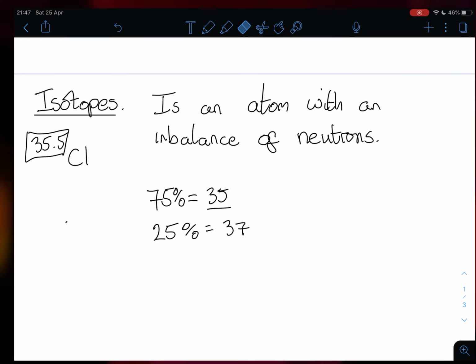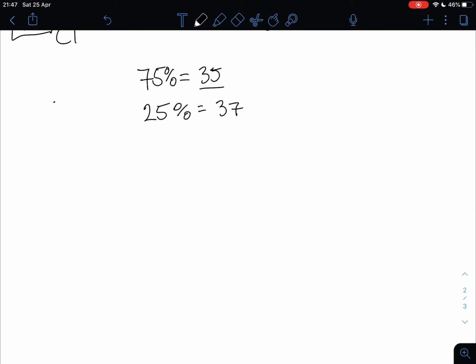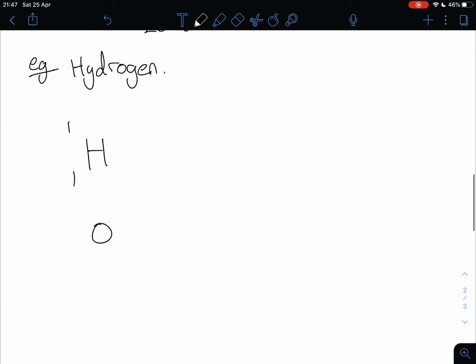So, final thing we can say on this, we'll give the example of hydrogen. So, we'll do an e.g. hydrogen. So, standard hydrogen is H11, one proton. We're not going to bother about the electrons on this.